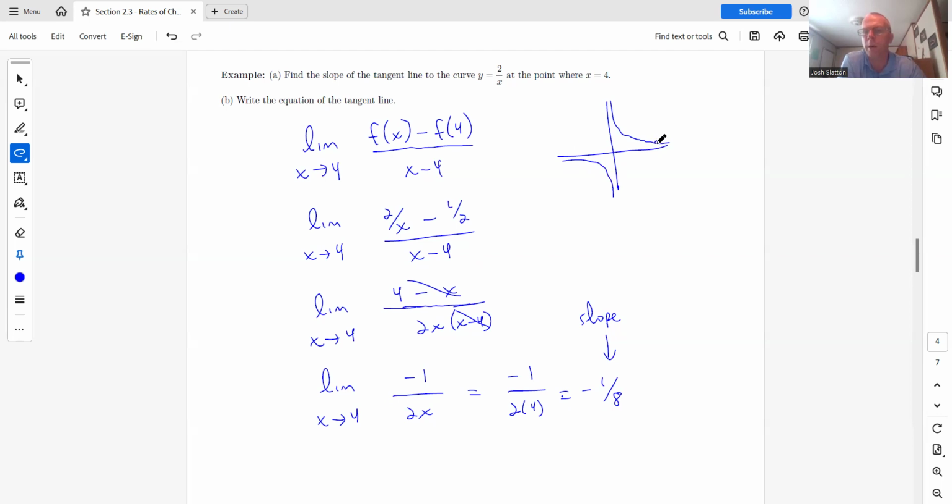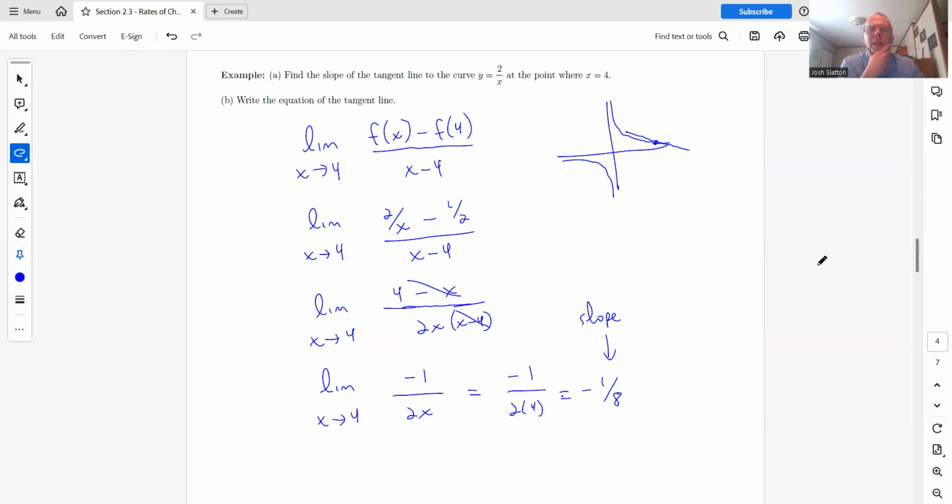So if we have 4 out here, we're talking about the slope, and it may not be exactly accurate, as that's probably not a slope of -1/8, but wherever that would be, it might be further out here where it's flatter, but you can kind of get an idea of what we're talking about when we talk about this tangent line. And once you get your answer, you could graph the tangent line with the graph of the curve, and you can see how it looks there. So I think that would probably be helpful.